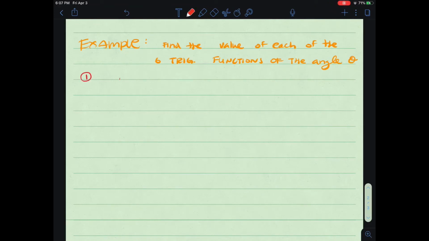So let me draw a triangle here. Again, this is a right triangle, right? This is why it's called right triangle trigonometry. I'm going to define this angle here to be theta. I'm going to call this side here 12. I'm going to call this side here 13. And what we're going to do is we're going to try to find sine theta, cosine theta, tangent theta, and the other 3 evaluated at theta.